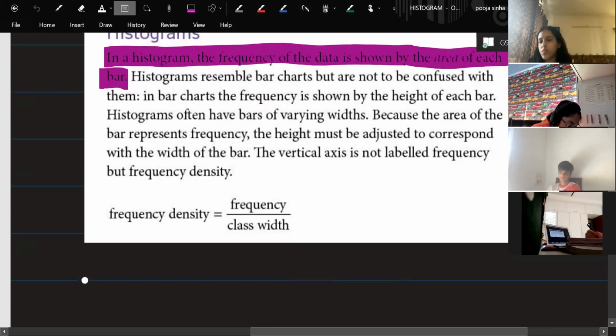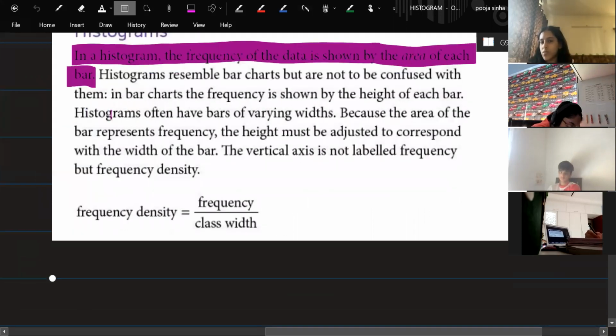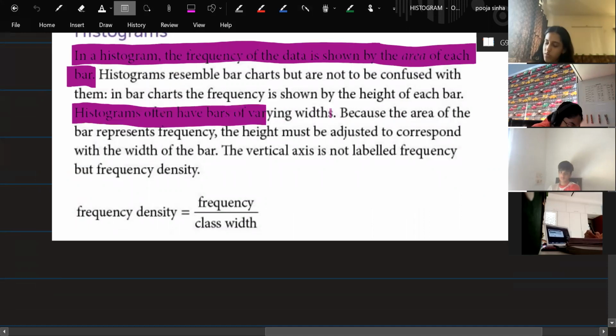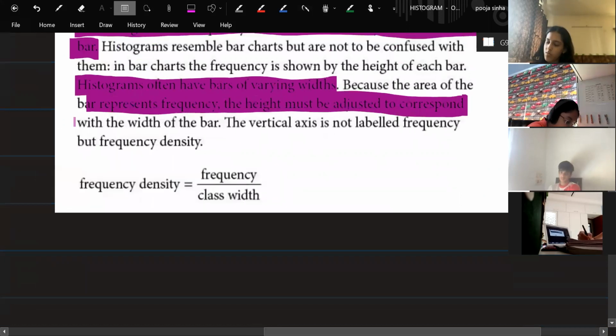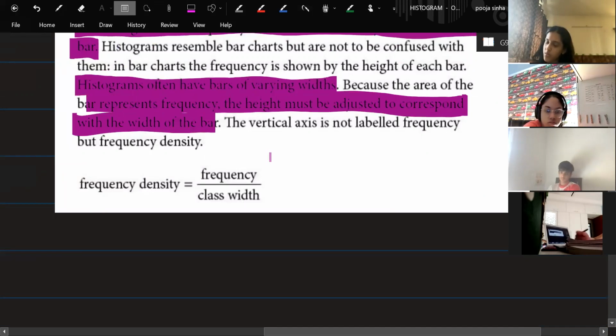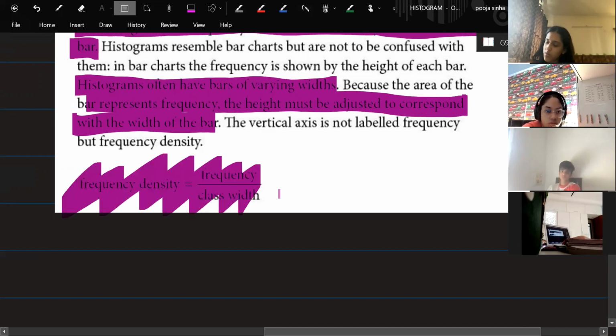Now the histograms that you will get will have varying widths. Because the area of the bar represents the frequency, the height must be adjusted to correspond with the width of the bar. I will show you how we need to do that. And you get a very, very important formula here: frequency density is equal to frequency upon the class width.